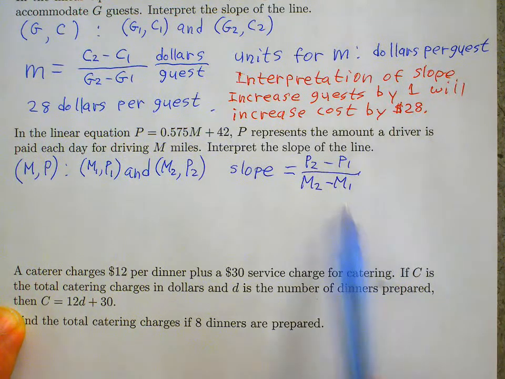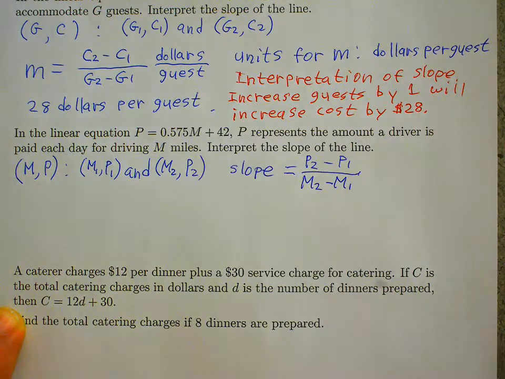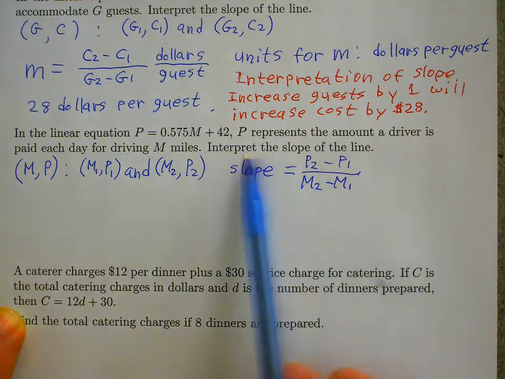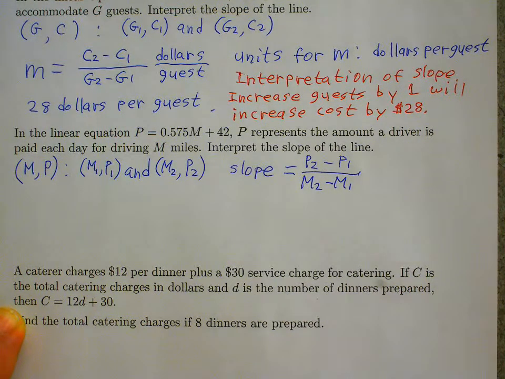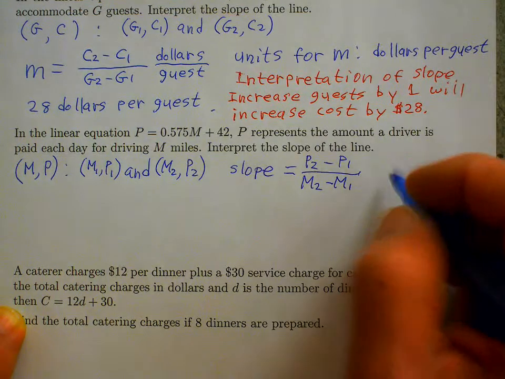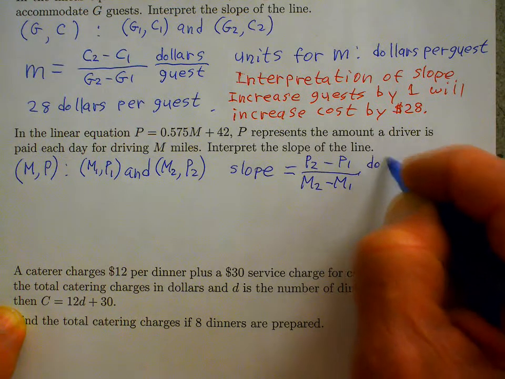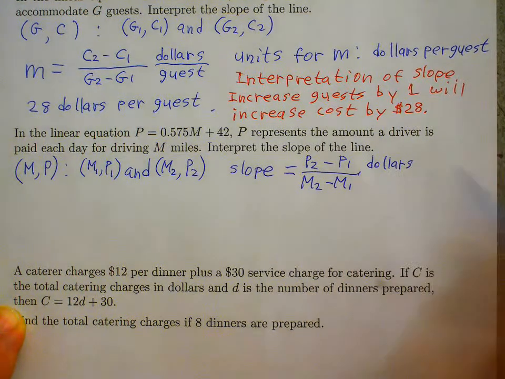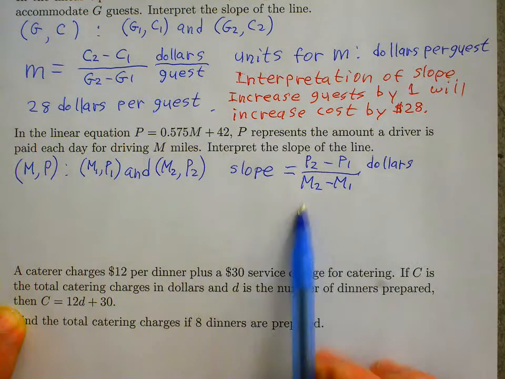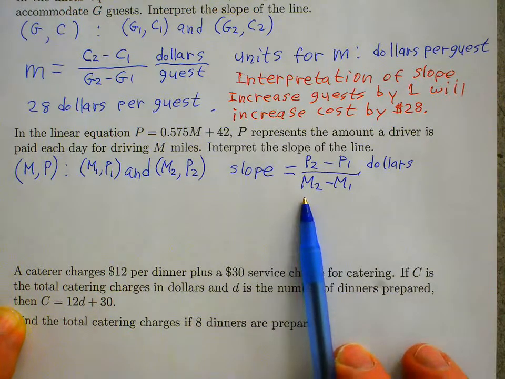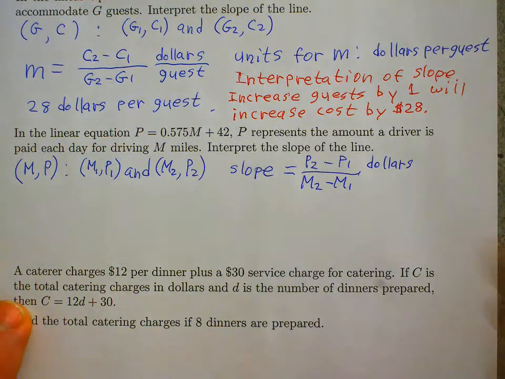So what are the units of capital P? Yeah, dollars. It's the amount a driver is paid. We assume it's in dollars, hopefully not pennies. So dollars are the units for capital P. What are the units for capital M? Miles.